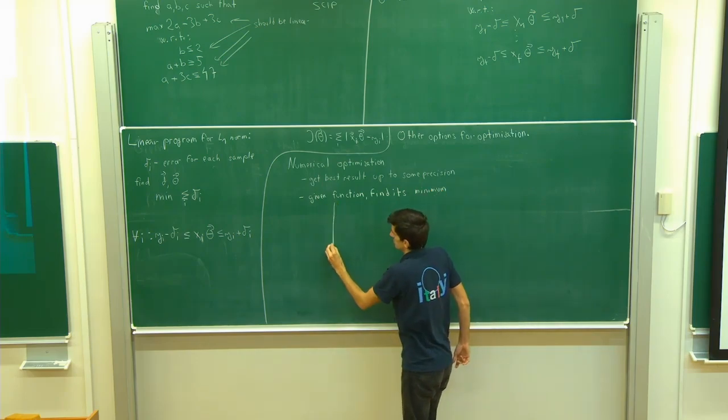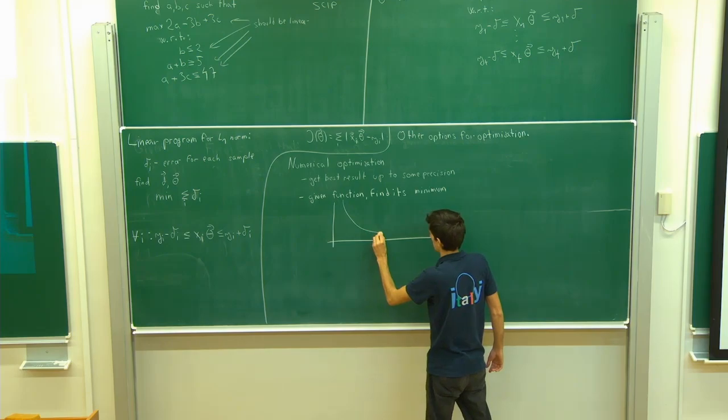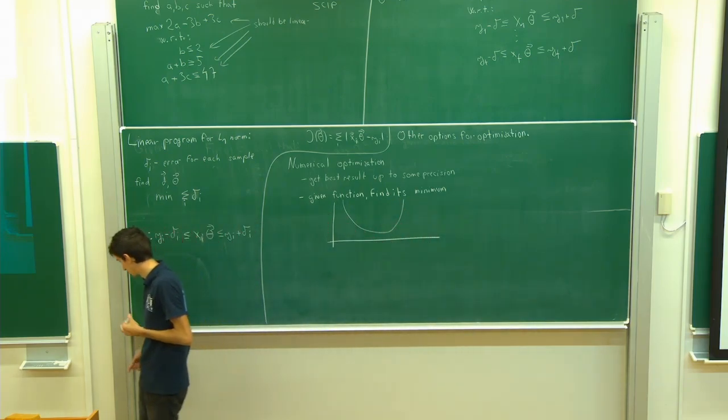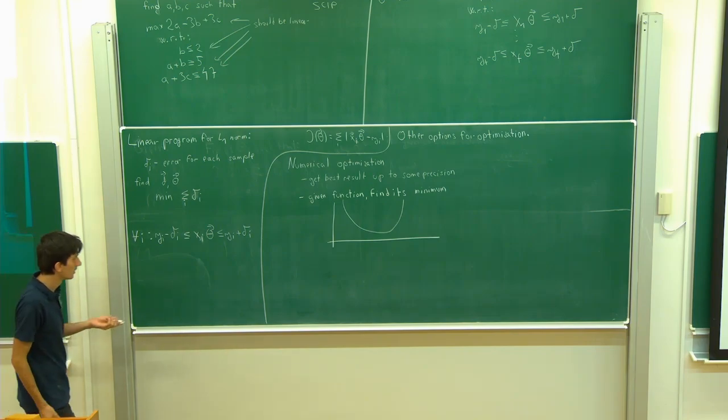It basically looks like a function, my little quirky, okay, this one is not so quirky. And we are trying to find the minimum of this function. You don't care about the exact value up to a million digits. You just want to find its minimum up to some reasonable precision.